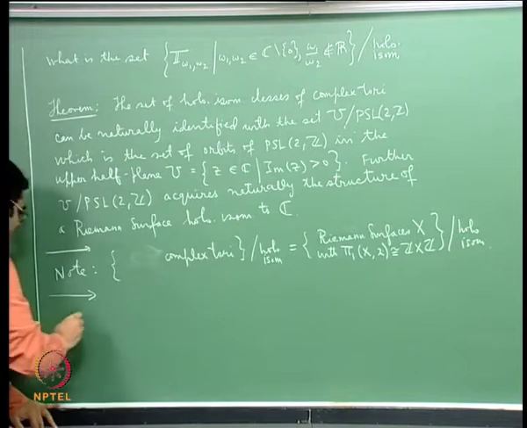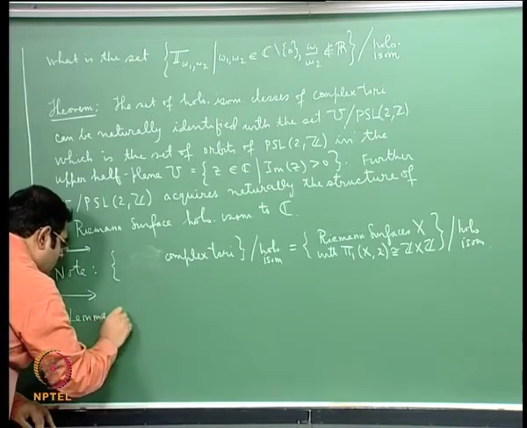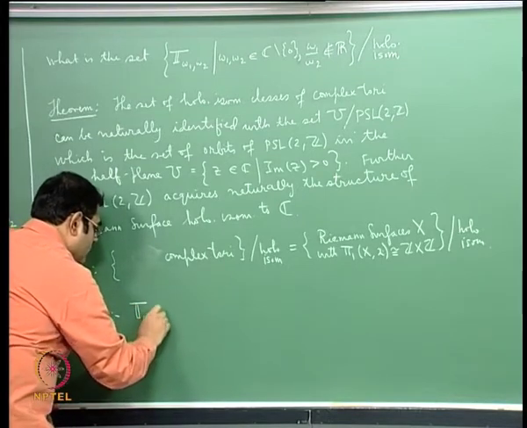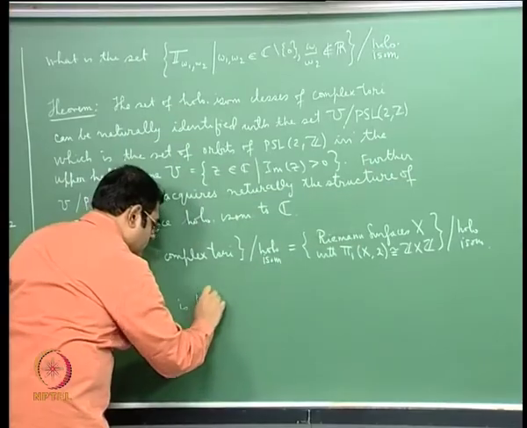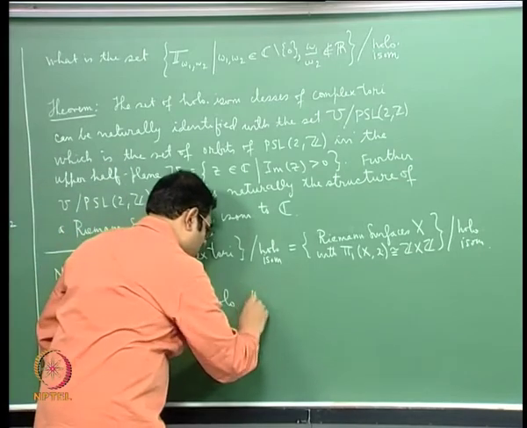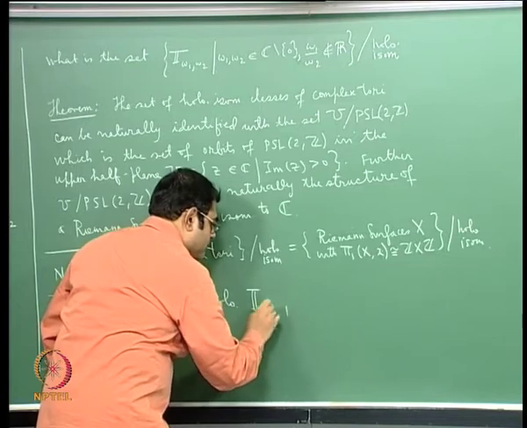So here is a lemma. The lemma is: you take this torus T omega 1 comma omega 2. This is biholomorphic, that is holomorphically isomorphic, to the torus T omega 1 by omega 2 comma 1.